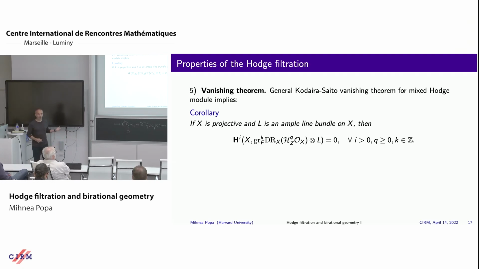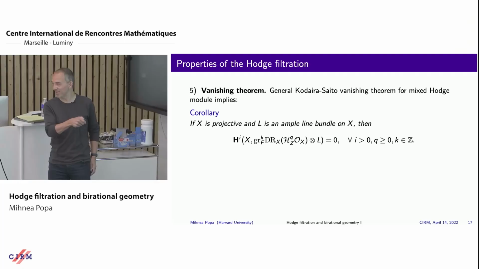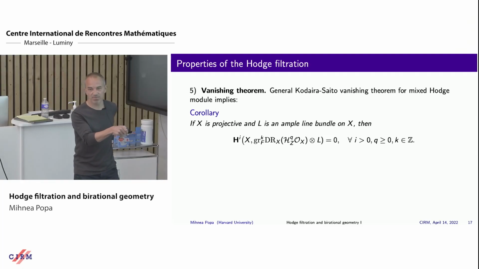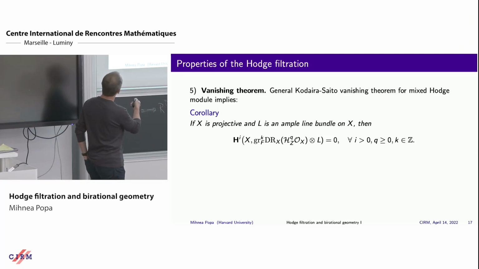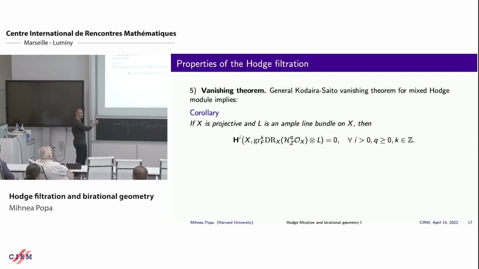Here I stated it only for local cohomology, so in our particular case, and it's still a complicated statement. I'm not sure if what I wrote here makes a lot of sense, but this is the statement. So, before I give you some special examples that make sense, let me just say what this means. X is a smooth projective variety. You fix an ample line bundle, or a positive line bundle, on X.